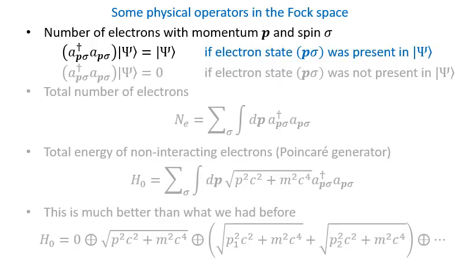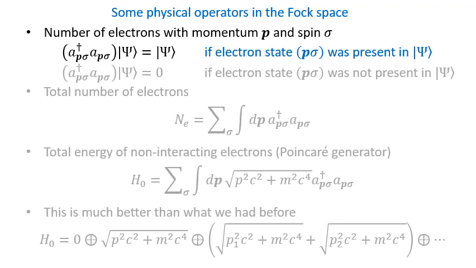For example, I'll claim that the operator in the parentheses represents the number of electrons with momentum p and spin sigma. Indeed, let us act by this operator on an arbitrary state vector psi.